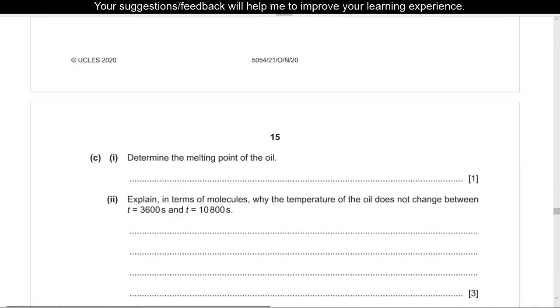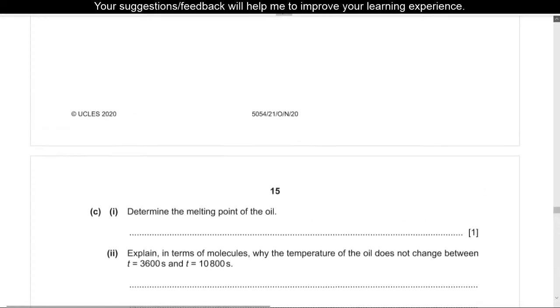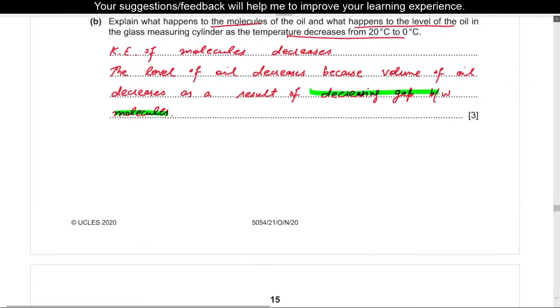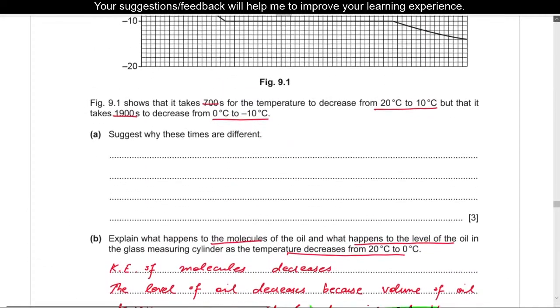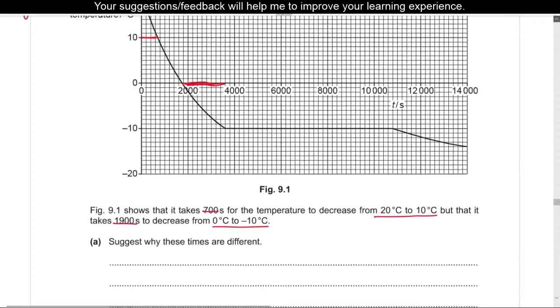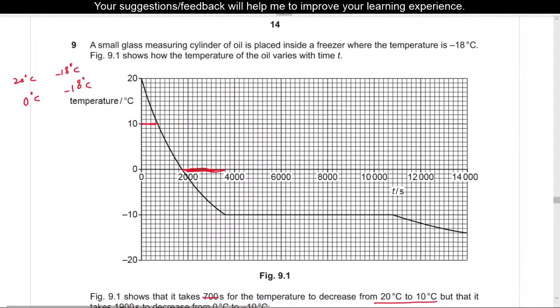Okay, the part C is determine the melting point of the oil. This is a very easy question if you have studied thermal energy. Now this is the graph and you have to determine the melting point of the oil. Please give me the answer in the chat. Melting point of the oil.